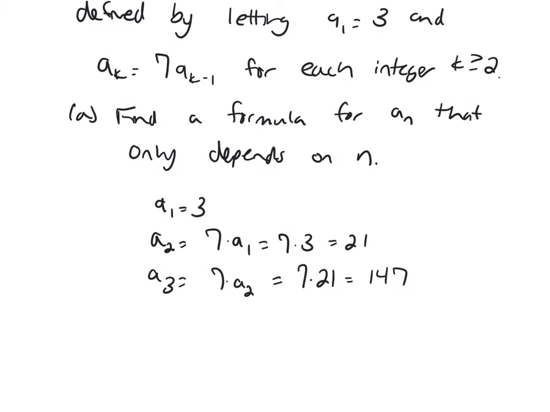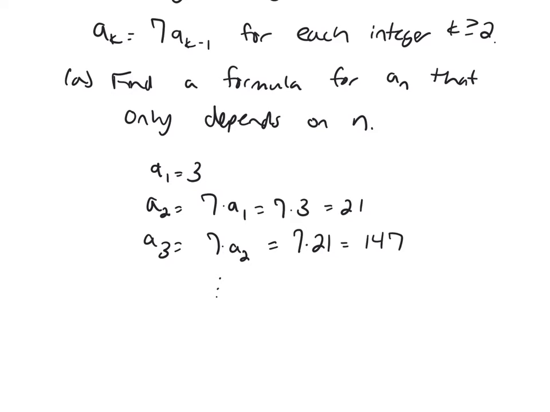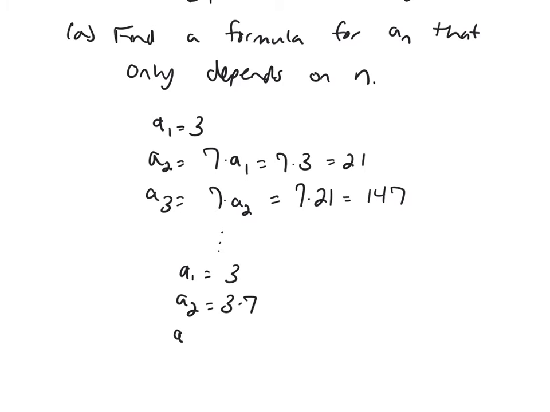Okay, and so on. So now if we want to write a formula for A_n in general, we need to find a pattern here. So if I look, A1 was 3, A2 is 21, which was 3 times 7, A3 was 147, it's 3 times 7 squared.